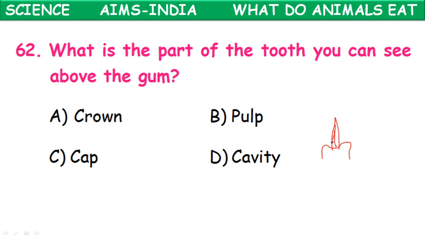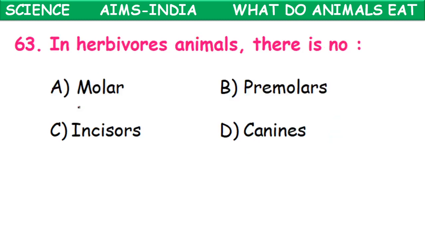The part which is above the gum is like a crown. Crown, pulp, cap, cavity. So crown is the answer.